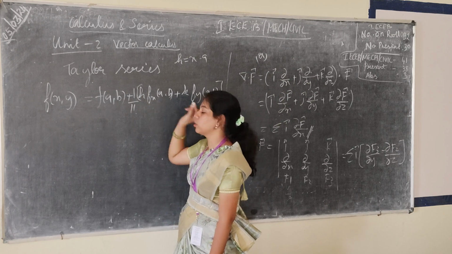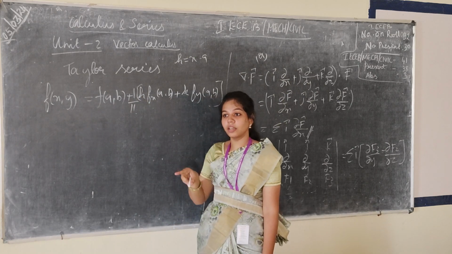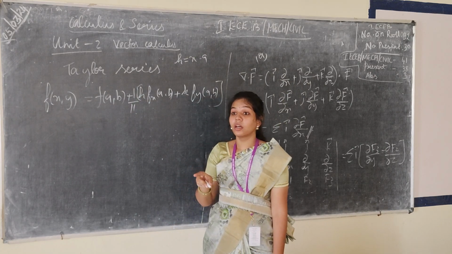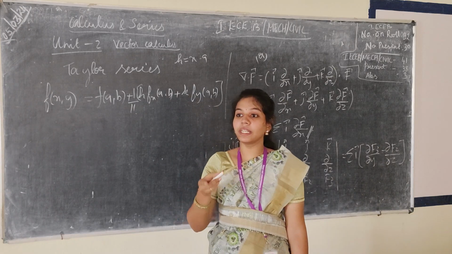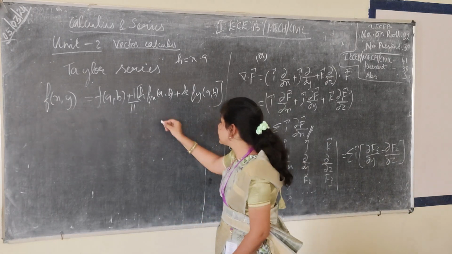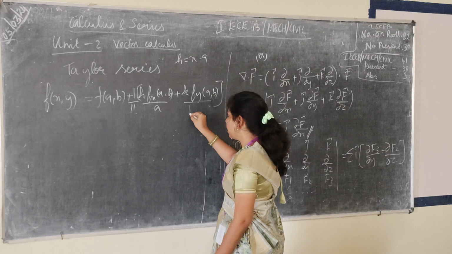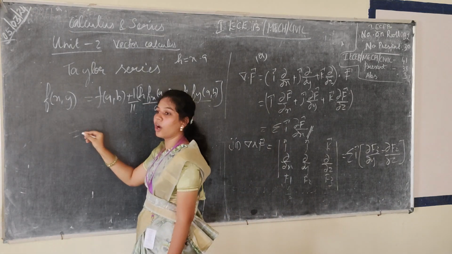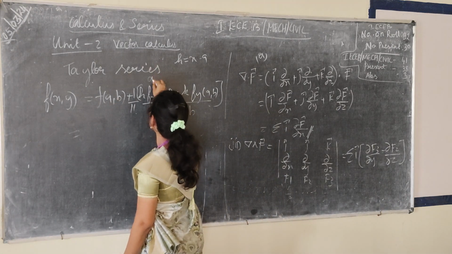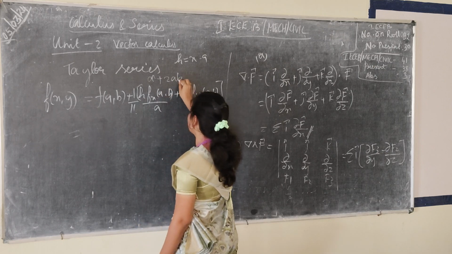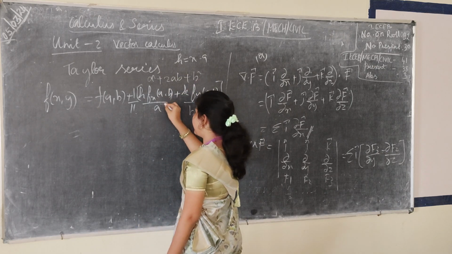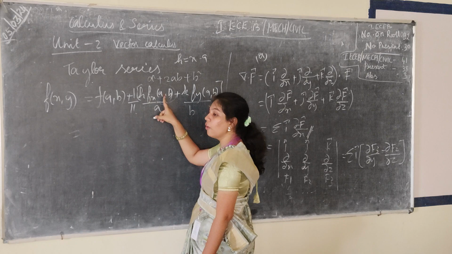This is the 1 by 1 factorial term. Next, it is obtained by the formula (a plus b) the whole square. This is a, this is b. What is the formula for (a plus b) the whole square? a squared plus 2ab plus b squared. So the a term is h into fx of (a, b).